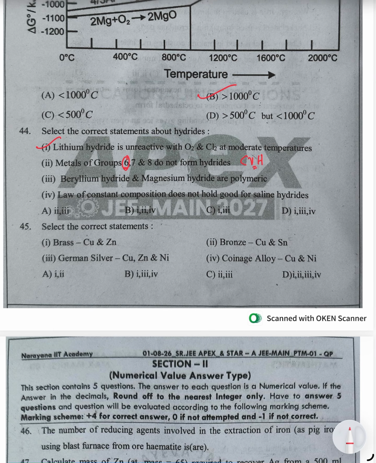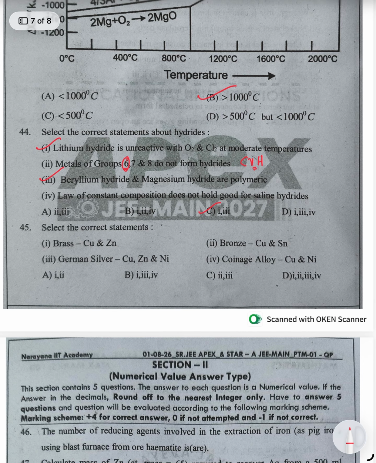So the second one is the wrong statement. Beryllium hydride and magnesium hydride are polymeric. Correct statement. Law of constant composition does not hold good for saline hydrides. This is also a wrong statement. So 1, 3, option C is right.